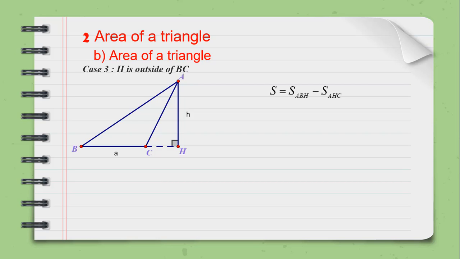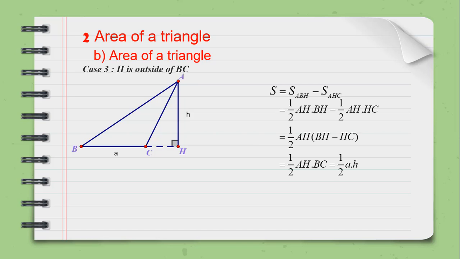It will be the area of triangle ABH minus the area of triangle AHC. Since we already know how to calculate the area of a right triangle, we get 1/2 of AH times BH minus 1/2 of AH times HC, which is equal to 1/2 of AH times (BH minus HC).